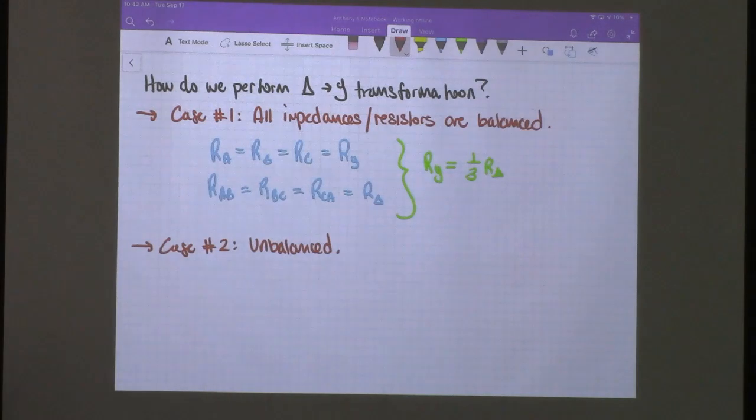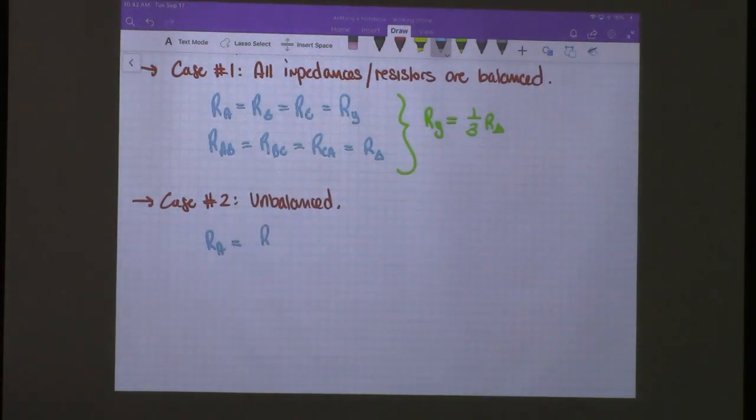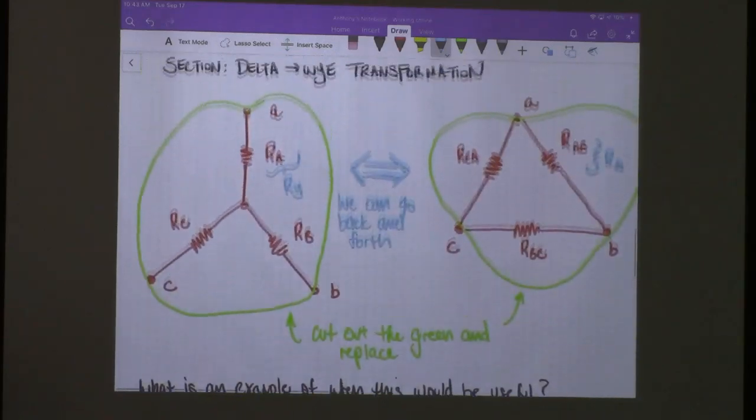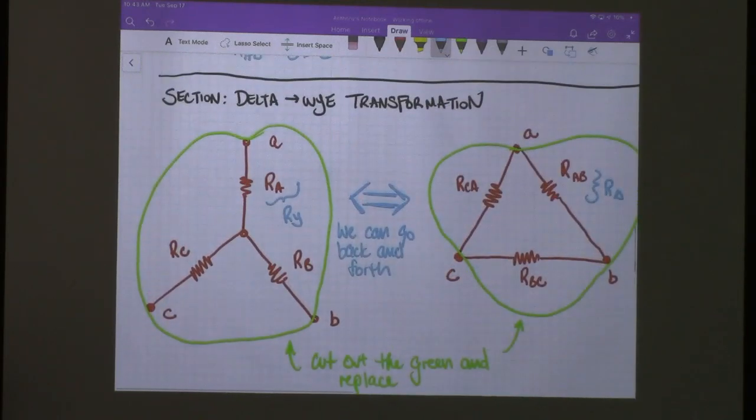Okay, so for this one, there are more equations. If we want to get our value RA, that will be equal to RCA times RAB over RAB plus RBC plus RCA. Right, so if we were taking a look at the delta, so if we want to get RA, we would have to multiply this by this over the sum of all three.